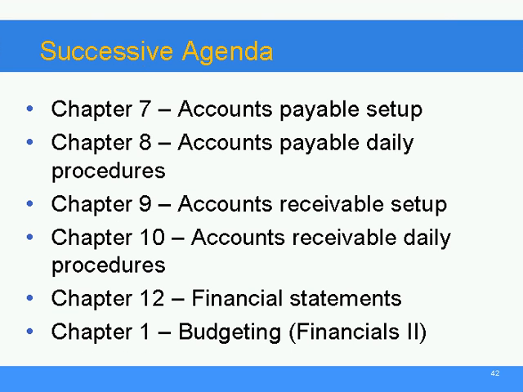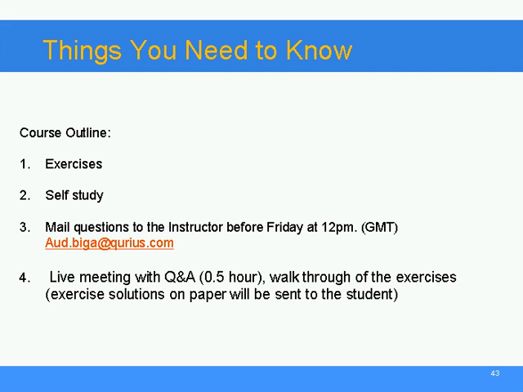Okay, so next time. So again, things you need to know. Exercise, please do exercises. Self-study. I will read questions before Friday, and my email. You see my email. And next time, I'm going to ask for your questions for about half an hour.